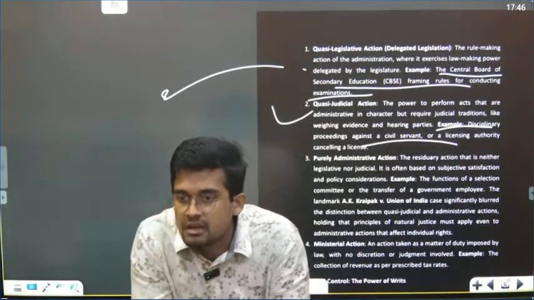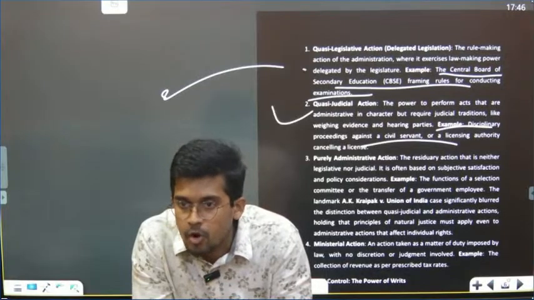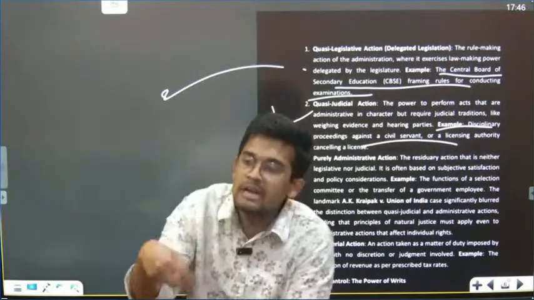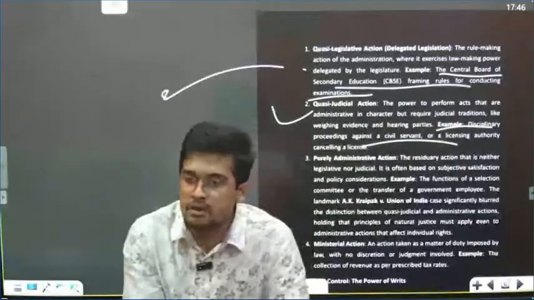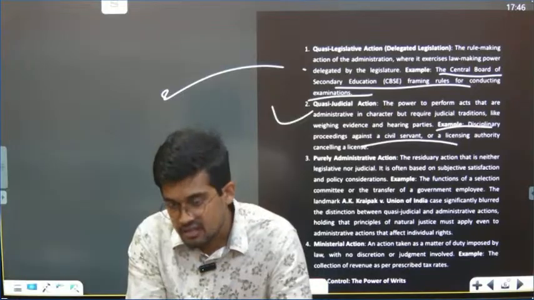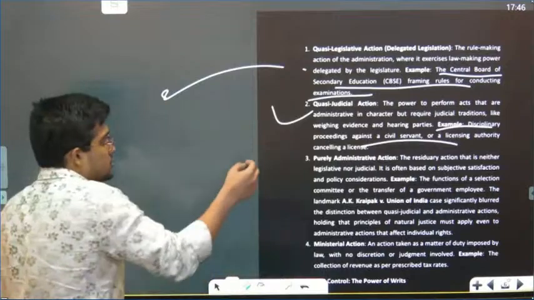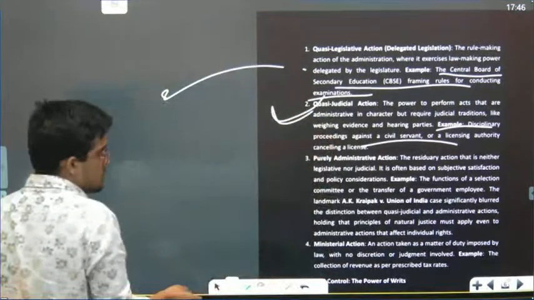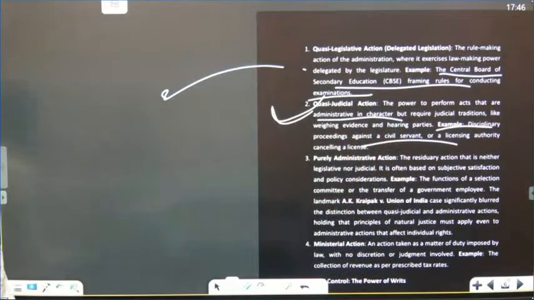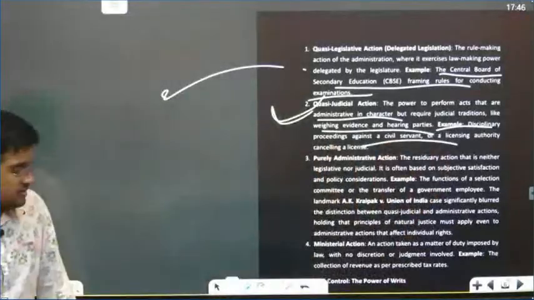Has that person actually applied the law or not? Or has the person, according to their whims and fancies, rejected it? Okay, I don't like you, so I won't give you a license. This is reviewable by the judiciary. Quasi-judicial actions are the power to perform acts that are administrative in character but require judicial traditions, like weighing evidence, hearing parties, etc.